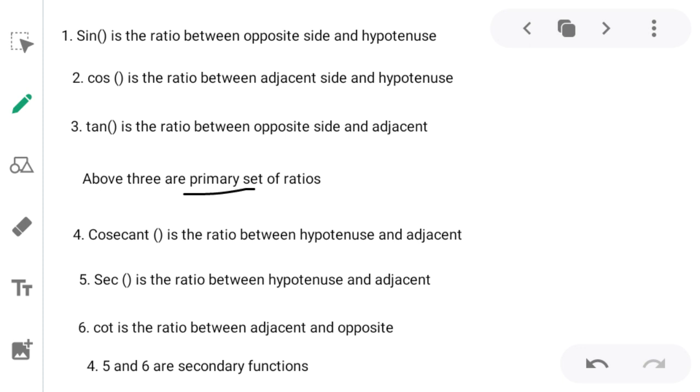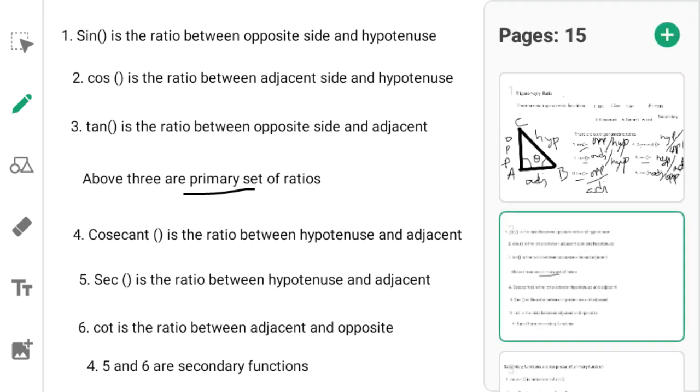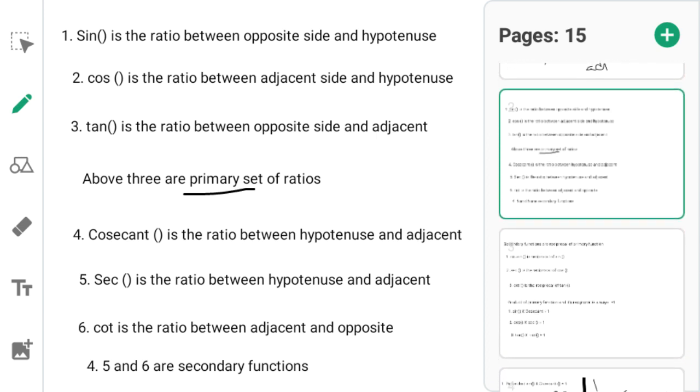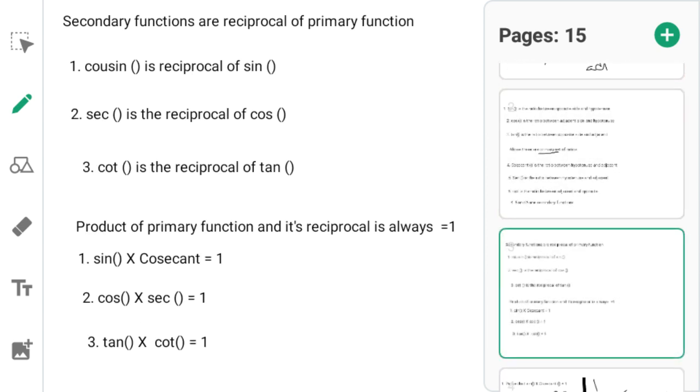These are the secondary functions or secondary ratios, you may call them. I have told you the secondary functions are reciprocals of the primary, that means 1 over.